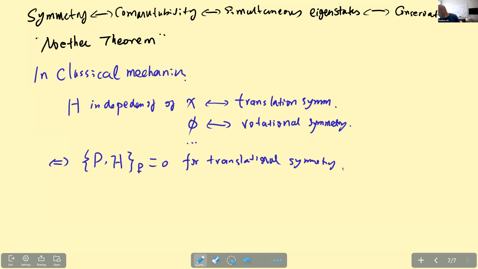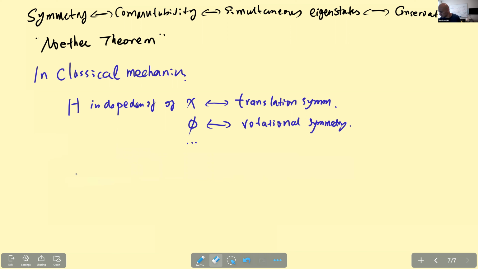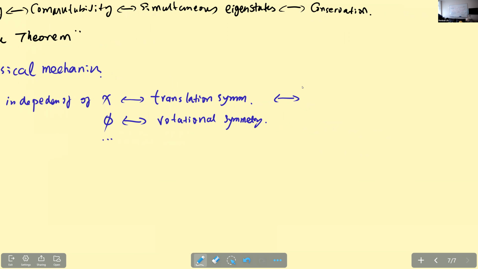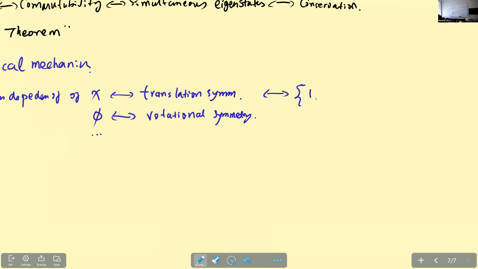Let me use another way to do it. For this one, we know that the Hamiltonian and the momentum would have a 0 Poisson bracket.